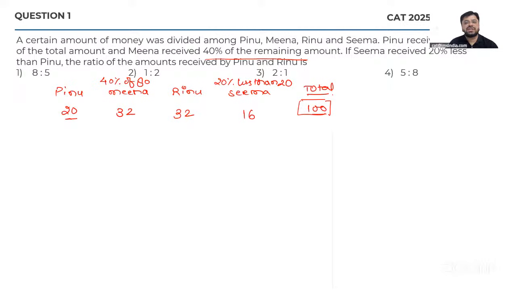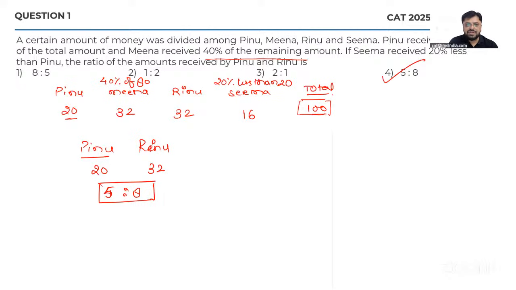Now the question is the ratio of the amount received by Pinu and Reenu. Pinu received 20, whereas Reenu received 32, and the ratio will be 4 5s are 20, 4 8s are 32, so 5 to 8. So the answer would be option 4.